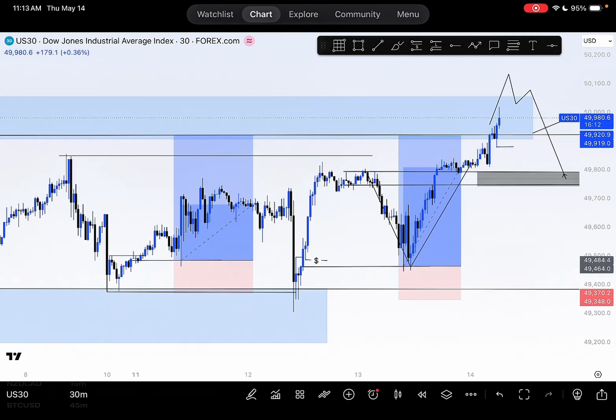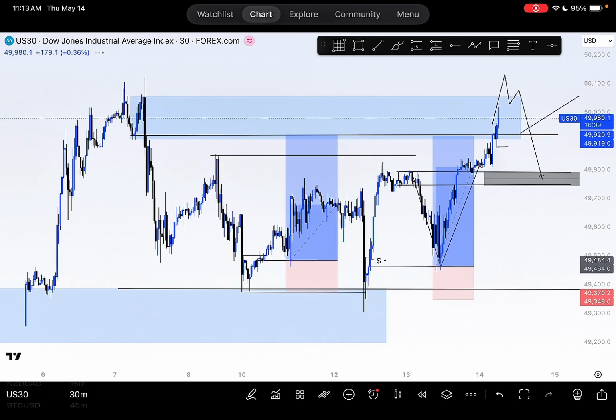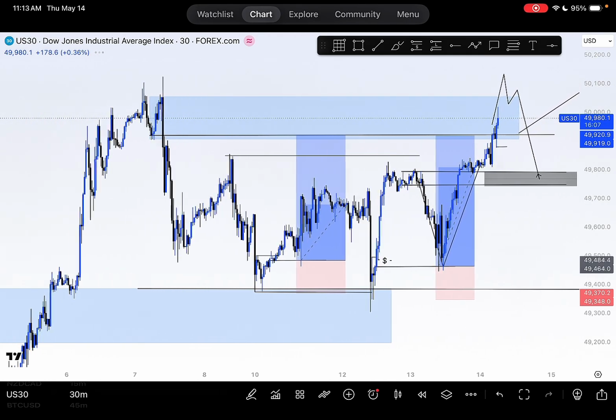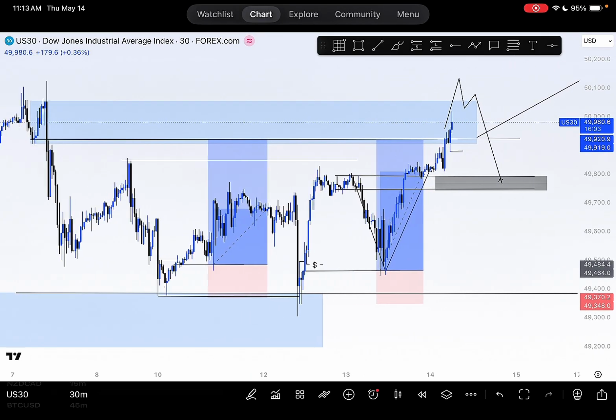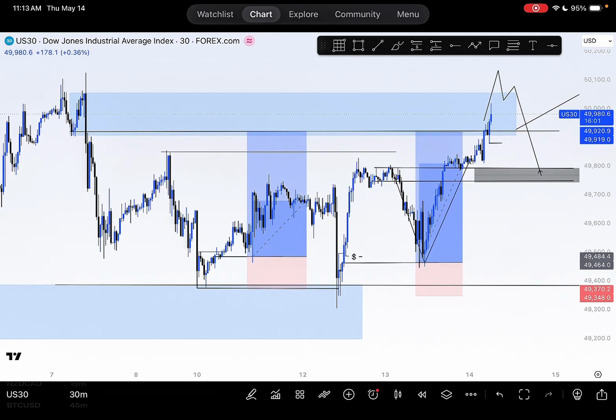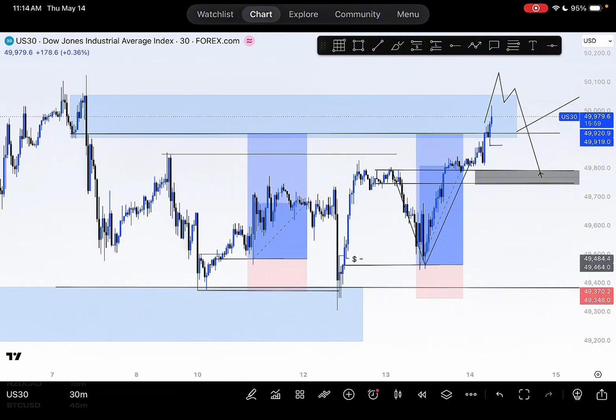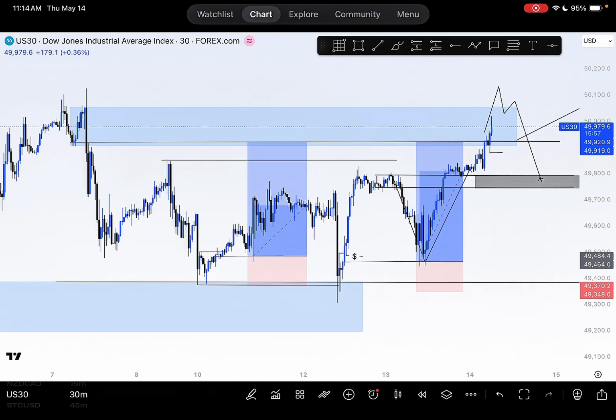So for now, this is what we have, and I'll be doing another analysis on a different pair. Right now, I'm avoiding BTC and ETH because I don't really know what the market is doing. The market has not been respecting key zone for a while. So I think I'll be more focused on currency pair than crypto pair for now.